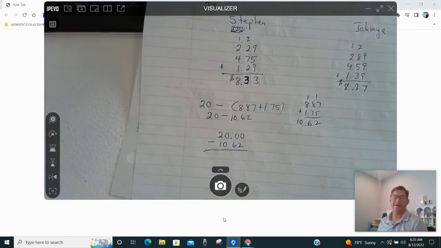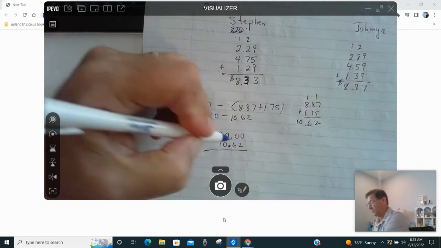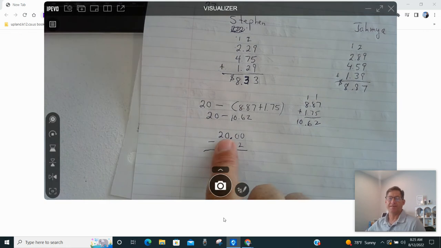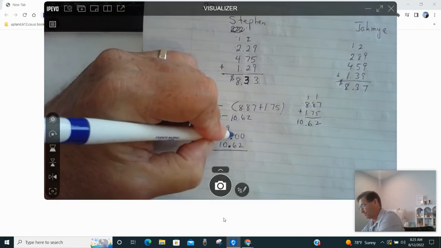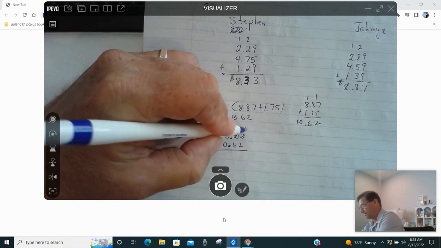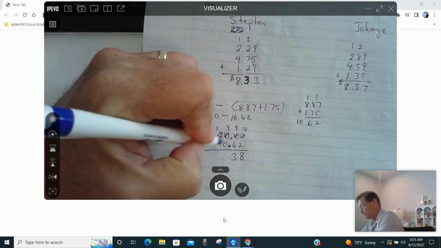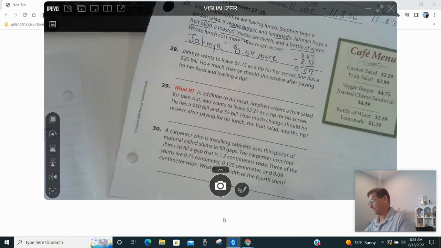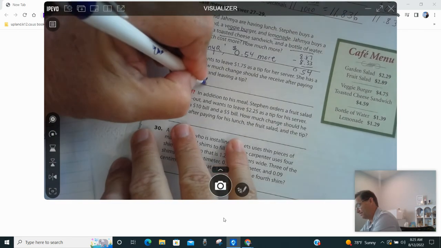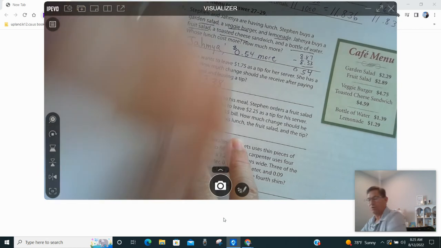So $20 minus $10.62. Remember, there's a decimal point after the 20. So 20 and 0 hundredths. $9.38 is what she'll get back.